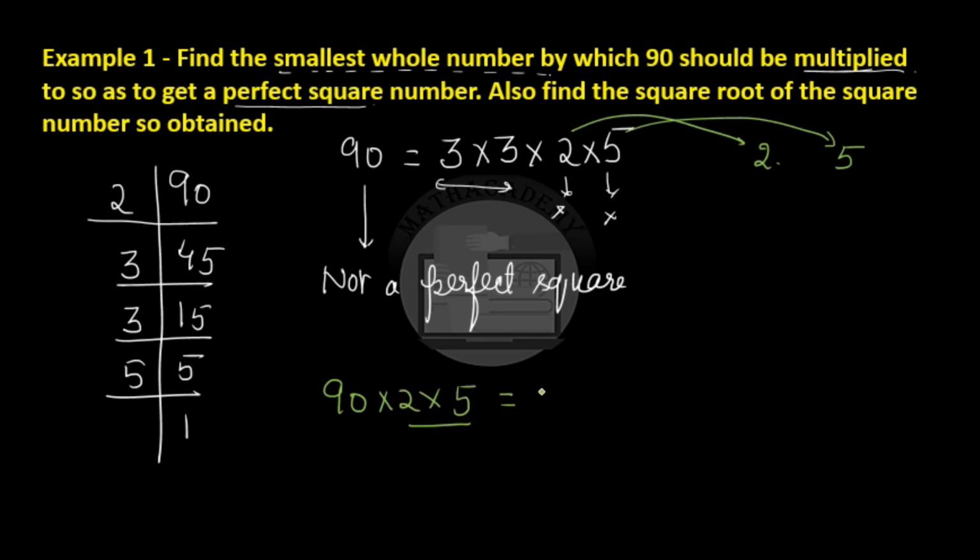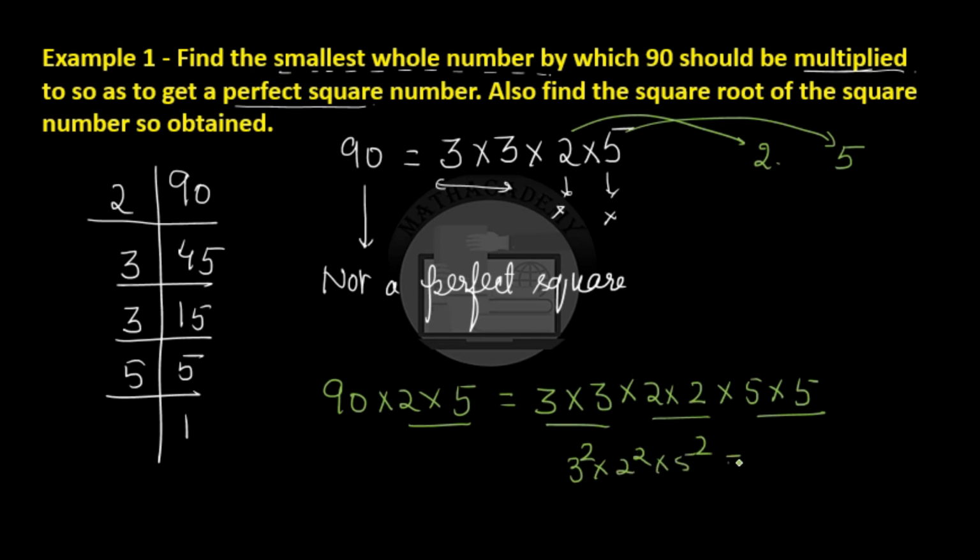Correct? So this gives us 3 times 3 times 2, one more 2 has come in, and 5 times 5, one more 5 has come in. All the factors are in pairs, and hence we get a square of 30.